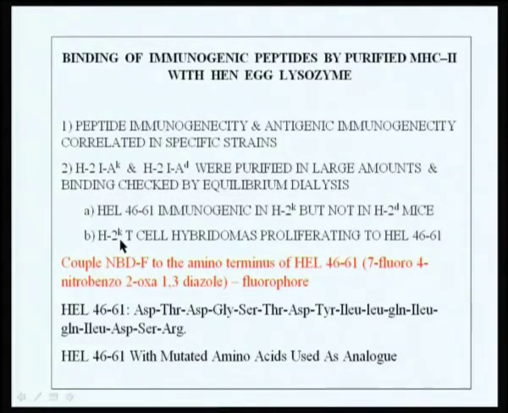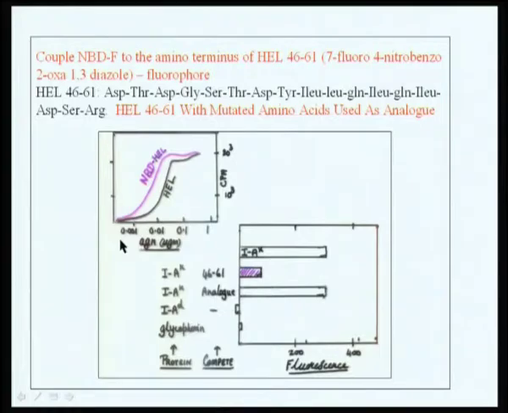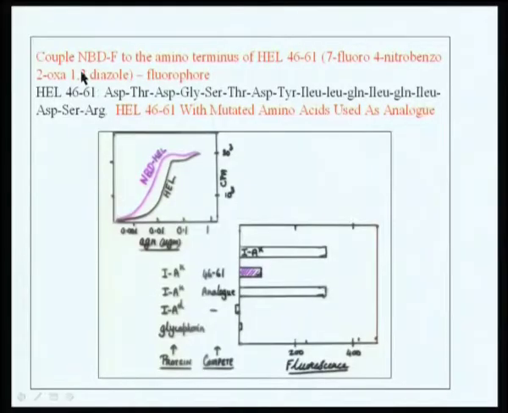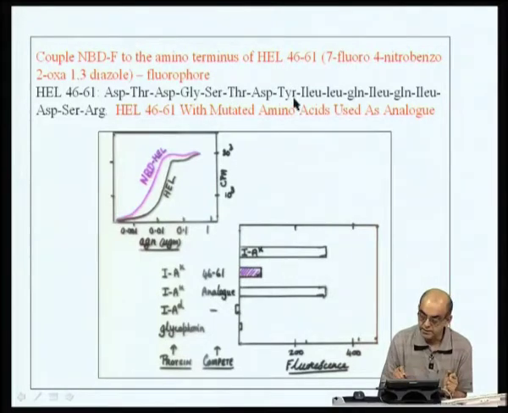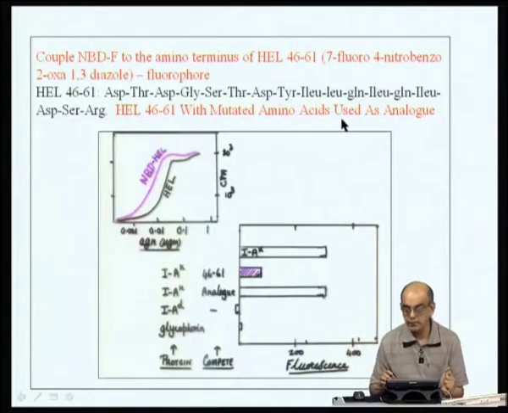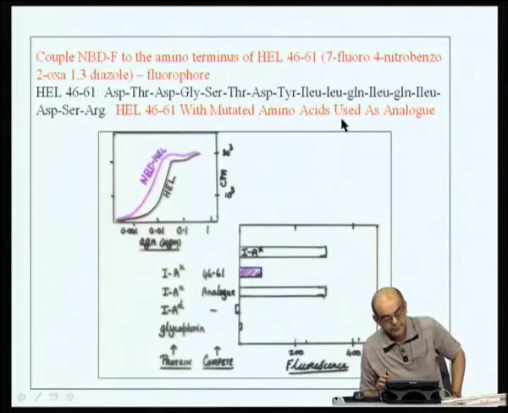So, what was the result that was obtained when they used these reagents? Again, on the top you will find HEL 46 to 61, and they used 46 to 61 with the mutated amino acids as an analog.